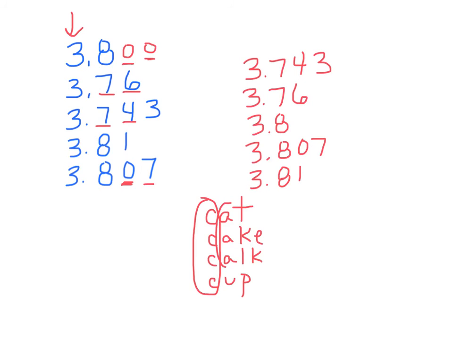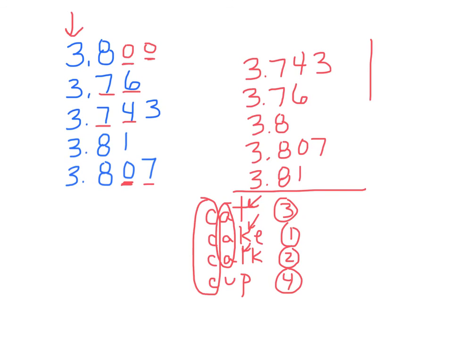These 3 start with A's, so now I need to take a look at the third letter and put those in order. So obviously this one would come first, this one would come second, cat would come third, followed by cup coming fourth. Putting decimal numbers in order works exactly the same way. You just have to make sure that you are comparing place values as you are doing it.